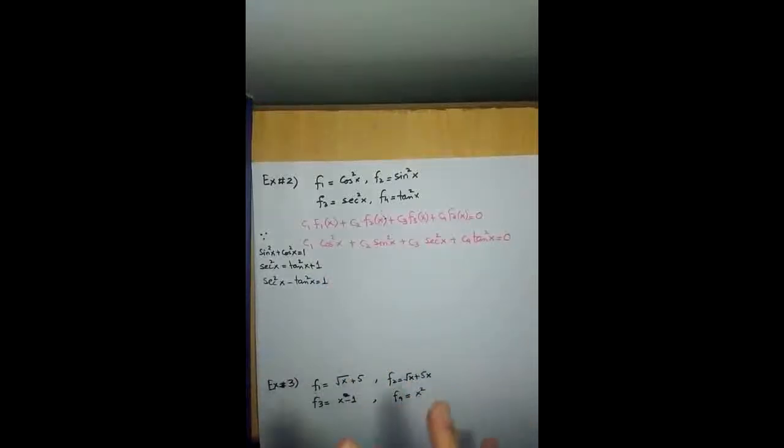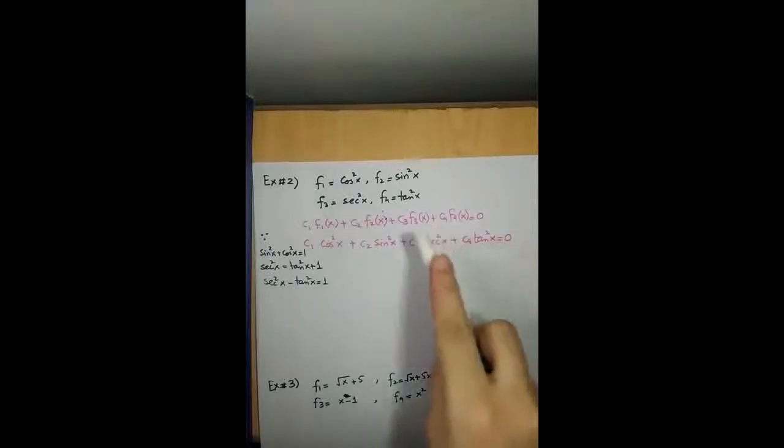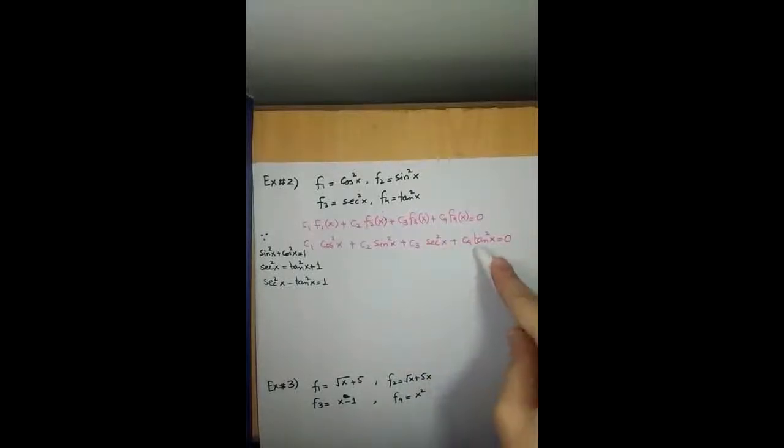So I have to do something with these two identities to make this combination equal to 0. If I replace c1 c2 as 1, then this combination becomes 1. Cos square plus sine square equals 1, and I have to make sine square minus secant square with these last two terms, third and fourth.